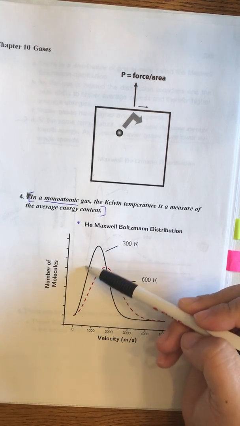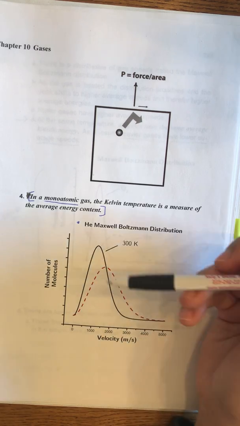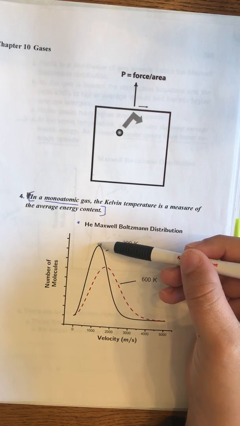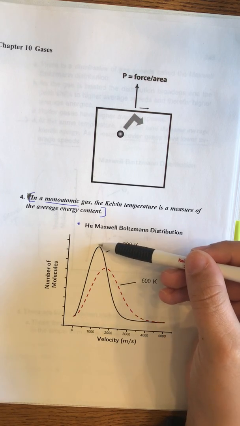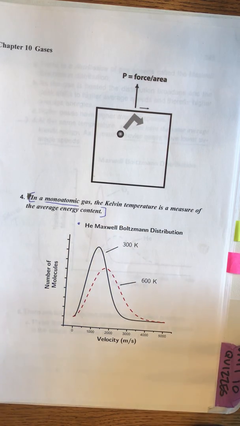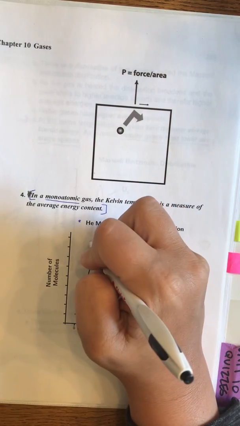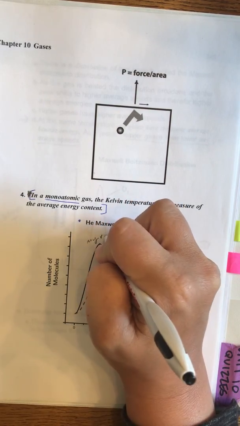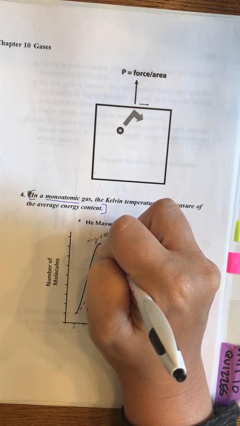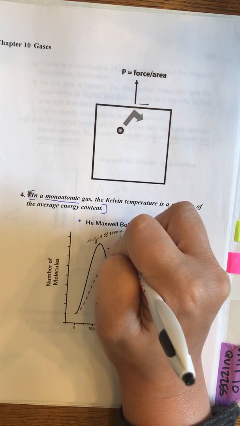The majority of the molecules have a velocity close to like 1,000 meters per second at 300 kelvins, right? So our average velocity right here is roughly, it looks like 1,000-ish. That's good enough.